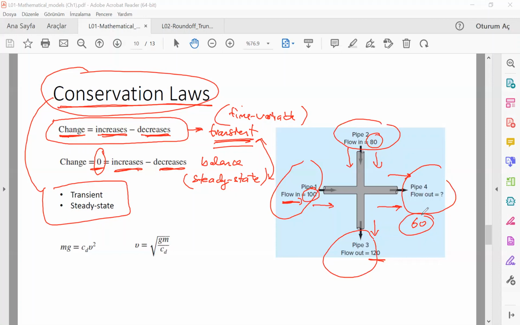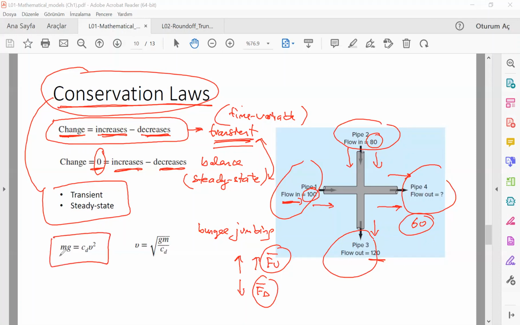Now, let's go back to our bungee jumping problem. As you might remember, there were two forces there. One is downward, the other one is upward due to the resistance of the air, and then gravity. And if there is a balance, then these two forces are equal.